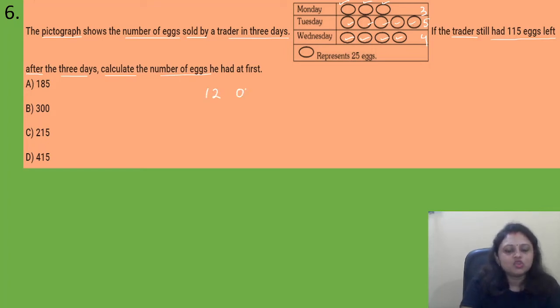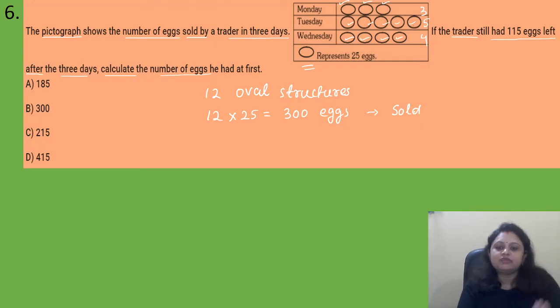Okay, 12 oval structures are there, and one oval structure represents 25 eggs. So 12 oval structures will represent 12 into 25, that is equal to 300 eggs. That means 300 eggs he has sold on Monday, Tuesday and Wednesday, in 3 days.